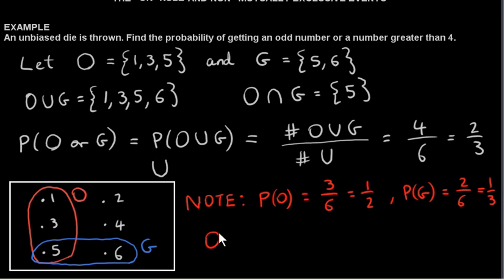Now we know that if we take O union with G, let's look at the number of elements in O union with G. It's equal to the number of elements in set O, which as we can see is 3, plus the number of elements in set G, which as we can see is 2, minus the number of elements in the intersection.